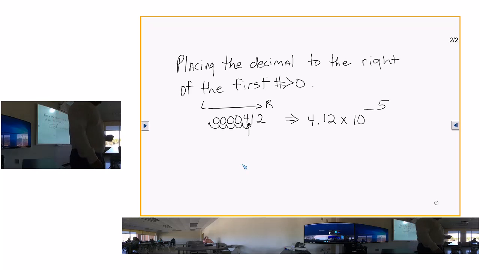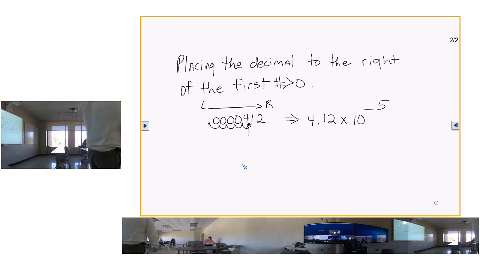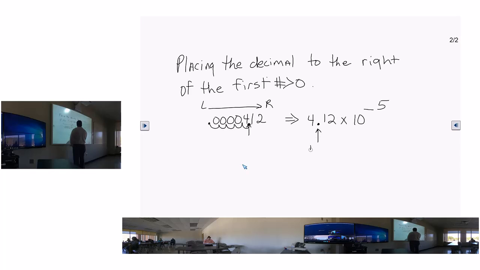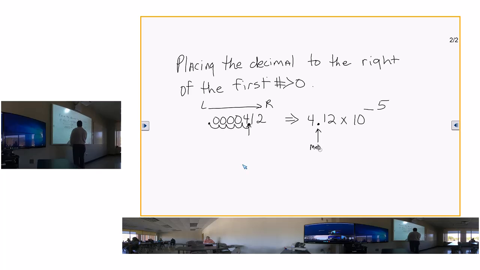What do y'all get wrong? Well, this is at the beginning. This is toward the end of the problem. You get it wrong with the sign. So I'm going to put a little note right here, and this is called a mental question. Mental, y'all know what mental means, right? It means you do it in your head. You don't actually move it.